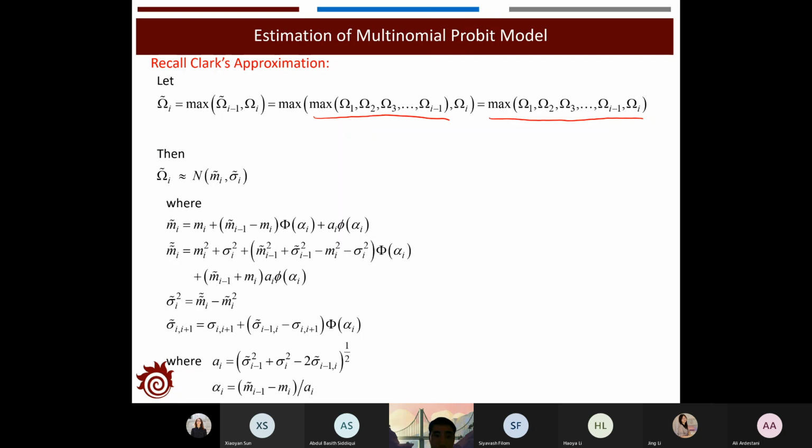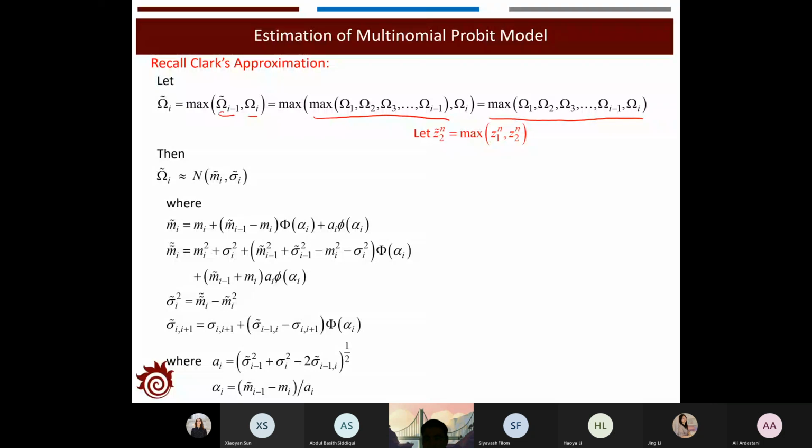It can also be determined by the properties of omega i minus 1 tilde and omega i. And so that's what the Clark's approximation stated about the estimation of the maximization of two normal variables.